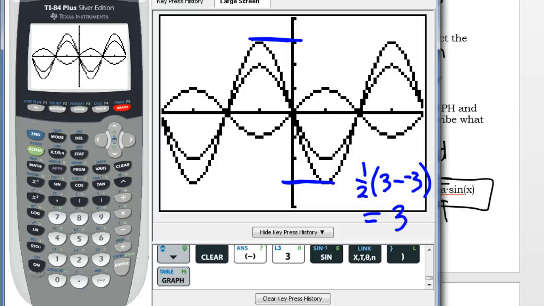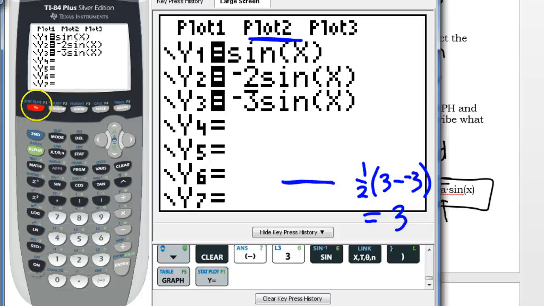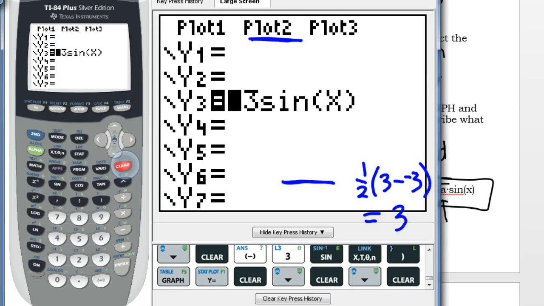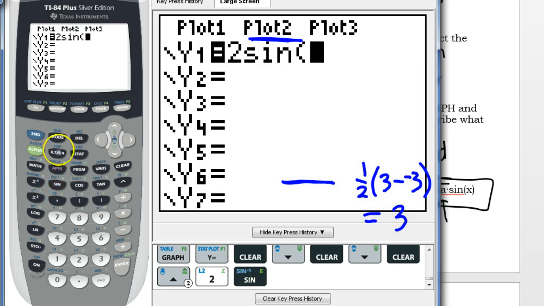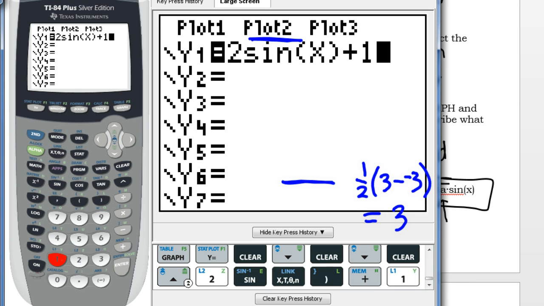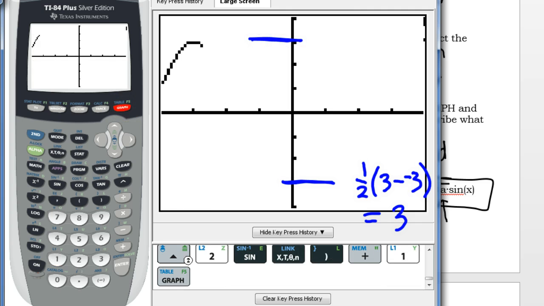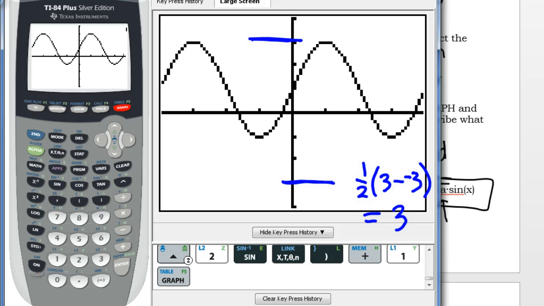When the equation is centered on the axis, it's a lot more obvious, but if I had an equation that combined vertical shift and amplitude, like 2 sine x plus 1, now I'm looking at that and it goes up to +3, but the amplitude I just put in was 2 because it's not going all the way down to -3.